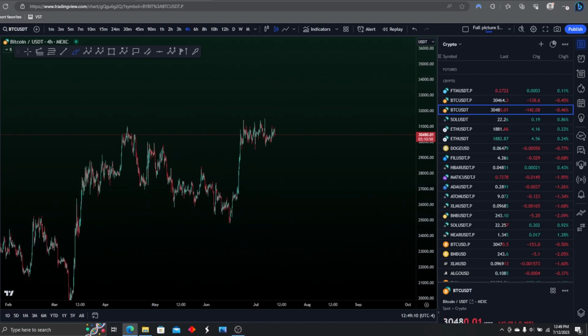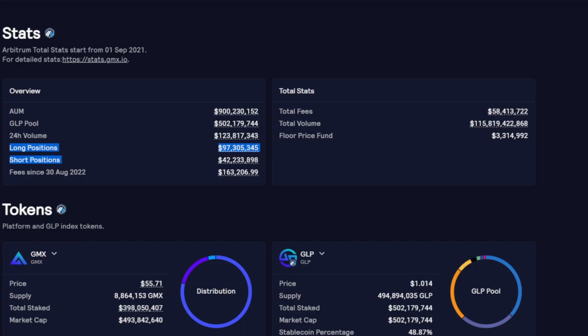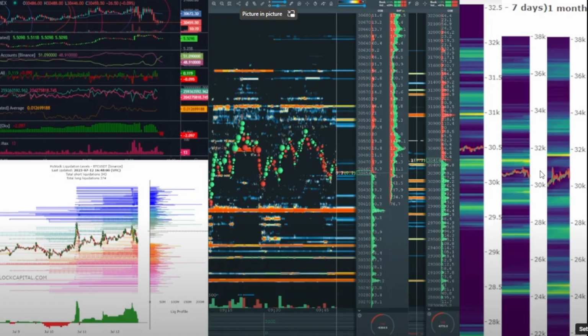Well, first of all, just looking at this from a liquidity point of view, where are we at? 31K, upwards of 31.5, up to 31.8. There's more liquidity than there is to the downside here in the immediate term. Where it stands right now, today, right this second.